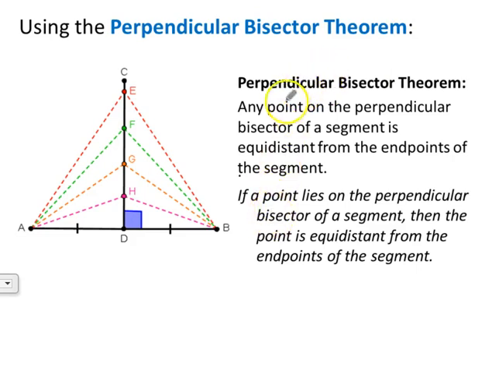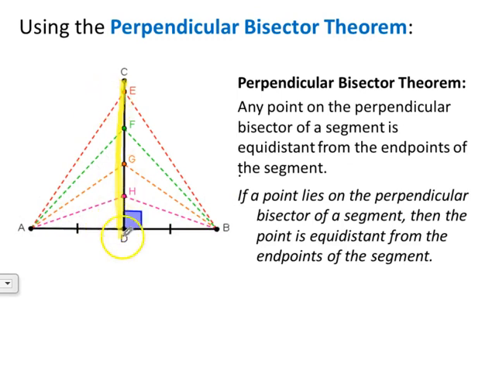bisector theorem. So here's a nice image of the perpendicular bisector theorem. It states that any point on the perpendicular bisector of a segment, so this segment right here, this CD, that's our perpendicular bisector. And you can see it's our perpendicular bisector because it intersected this segment down below, AB.